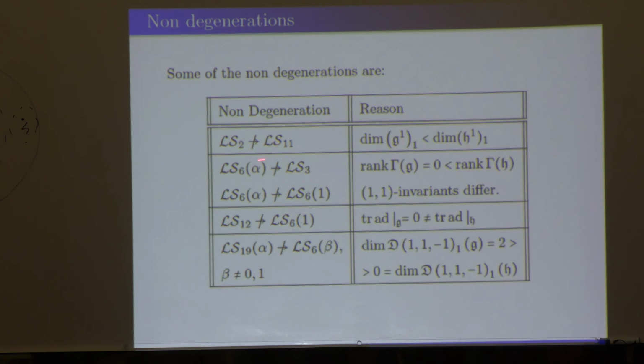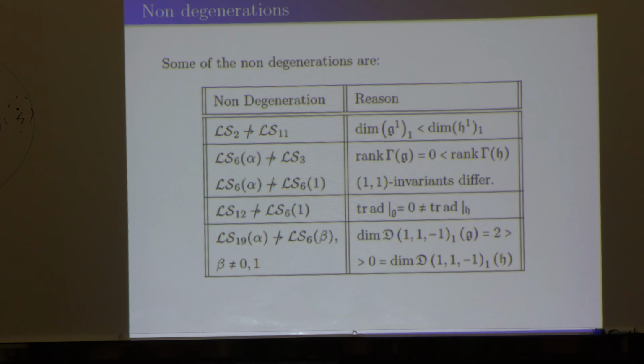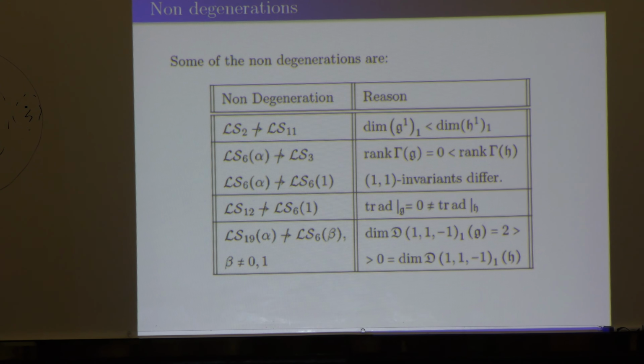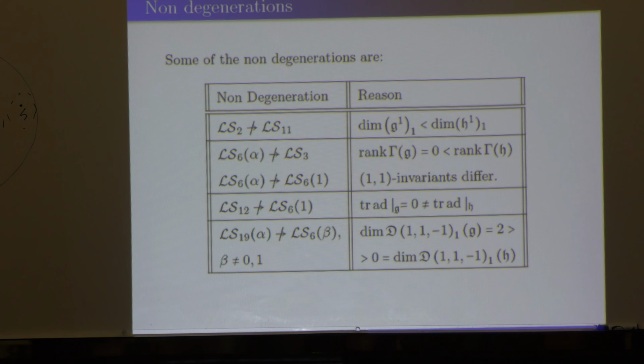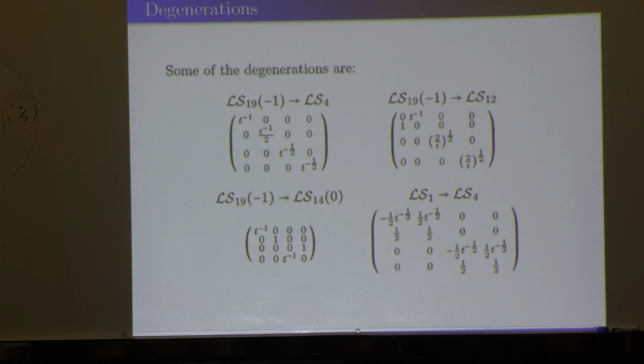Using the invariants mentioned before, as an example, I draw here the non-possible degenerations. After we discard all these non-degenerations, we have to obtain the degenerations. As an example, I put 4; there are many more.